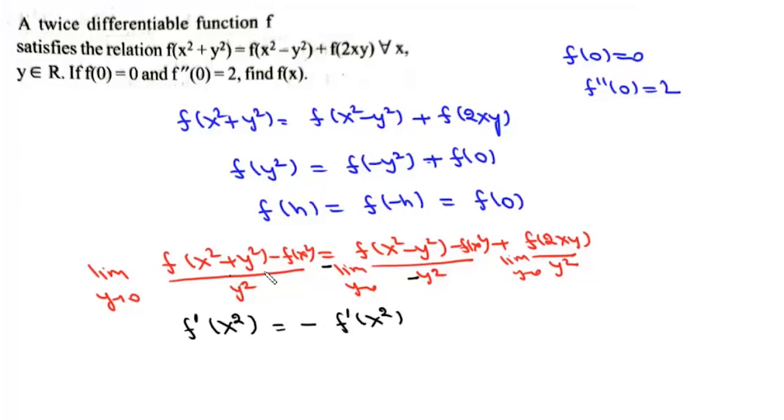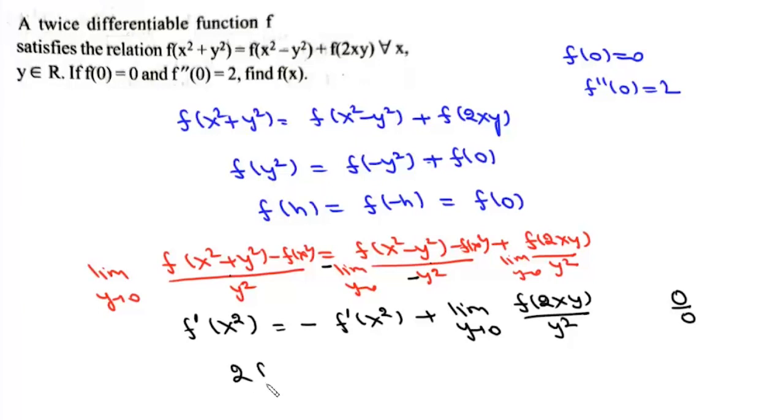This is the right hand derivative and this is the left hand derivative, plus this limit y tends to 0 f 2xy upon y square. Now if we put y as 0, f0 is 0 and y is 0, so this is 0 upon 0 form.